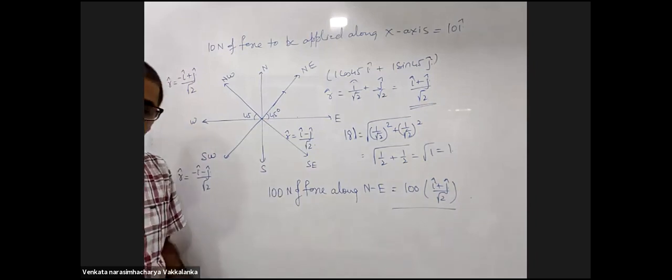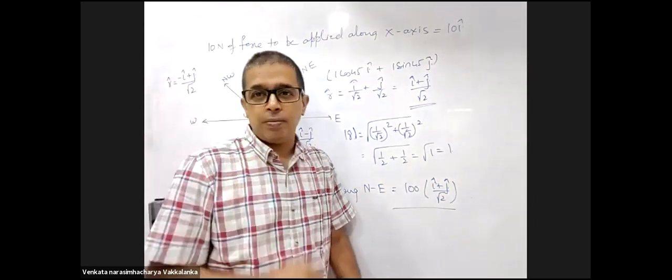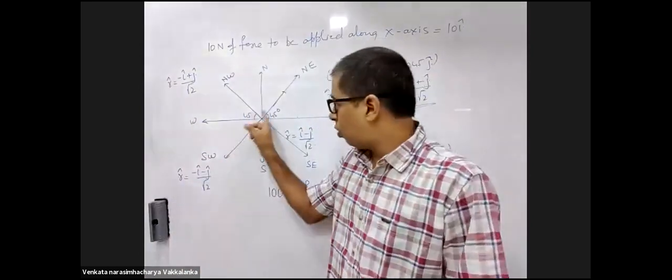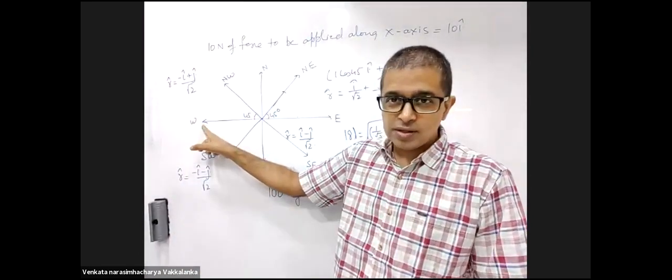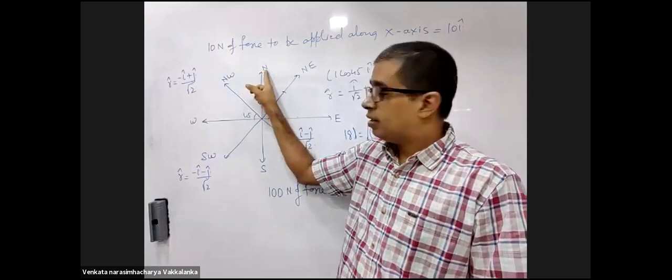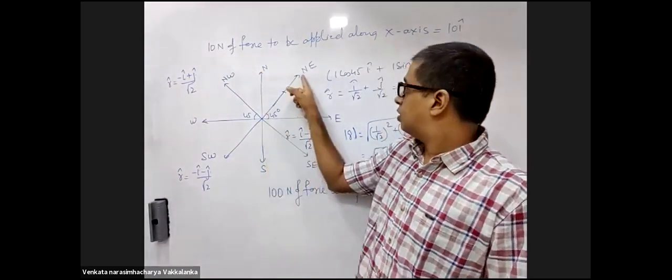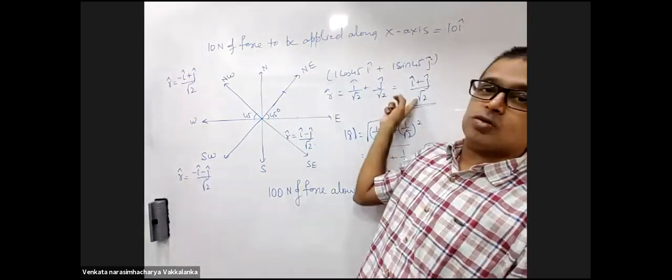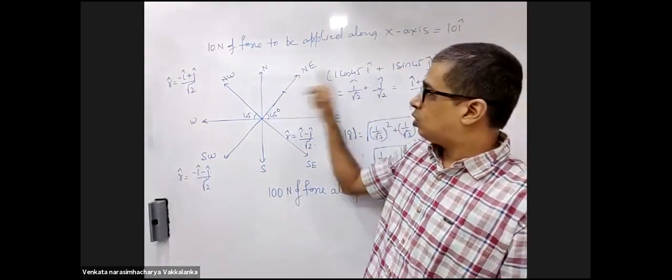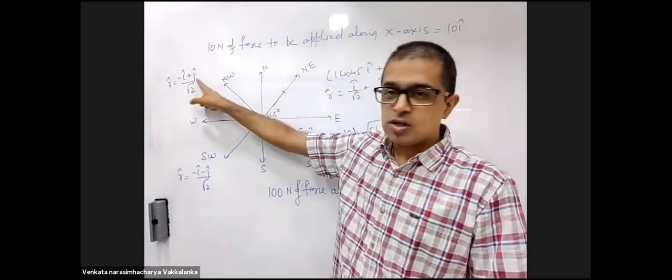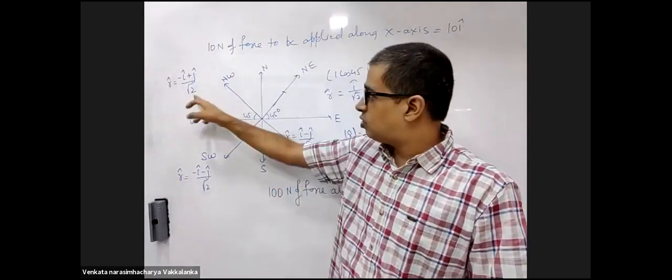Unit vector along x-axis, i cap. Along west, minus i, and along y-axis j cap, south minus j. So northeast unit vector is i plus j by root 2. Northwest, minus i plus j by root 2.